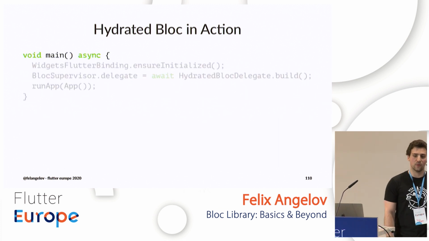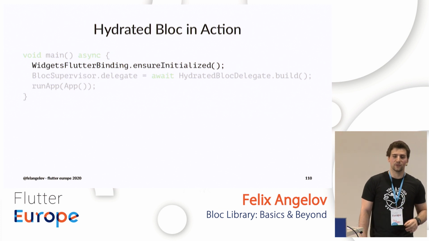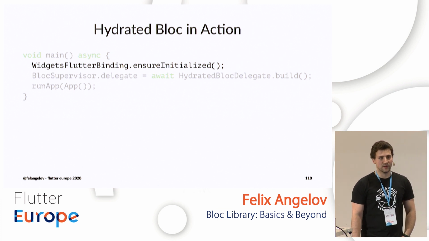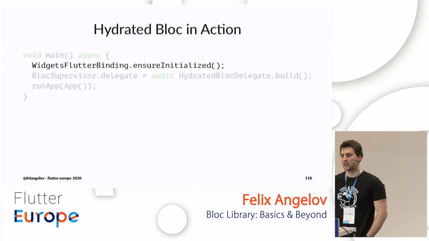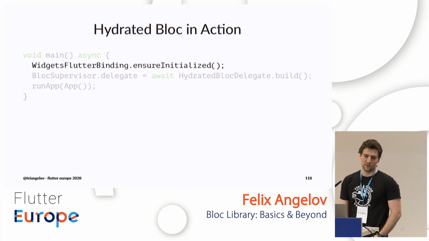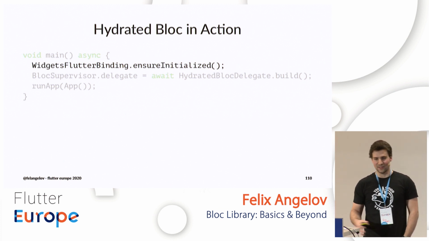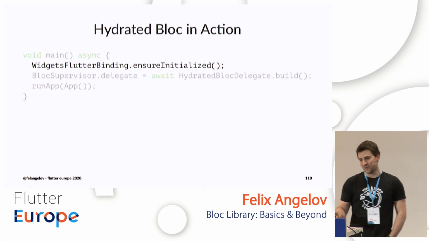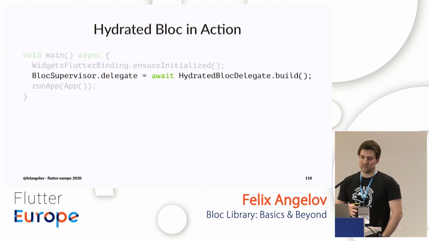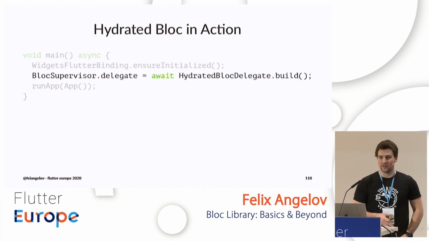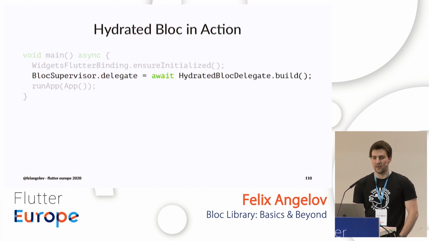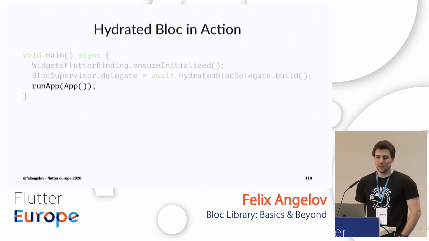Then in our main, since we're using HydratedBloc, it has a dependency on path_provider. If you're going to use any plugins before you call runApp, you need to make sure that WidgetsFlutterBinding.ensureInitialized is called. So add that in. Instead of using our old Bloc delegate, we can use the HydratedBlocDelegate, and then we can call runApp again.